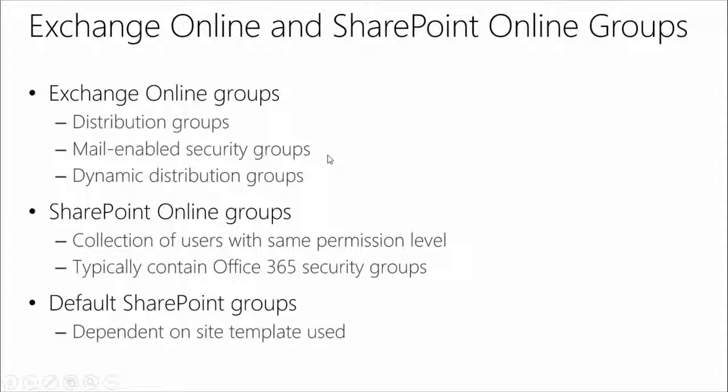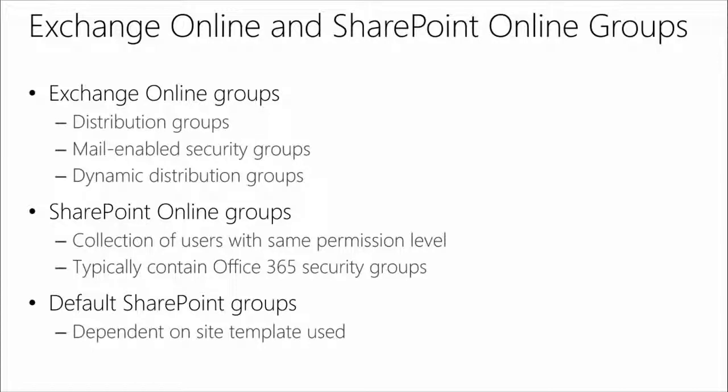With Exchange Online and SharePoint Online groups, things are a little bit different. With Exchange Online, we have three main types of group. Distribution groups, which are for mail distribution, like a distribution group in Exchange on-prem.